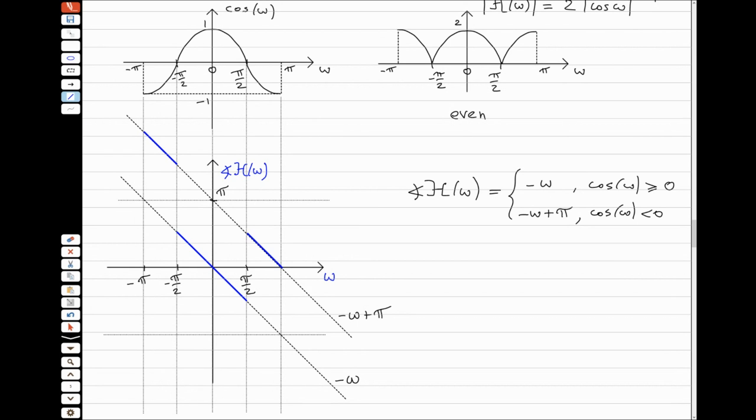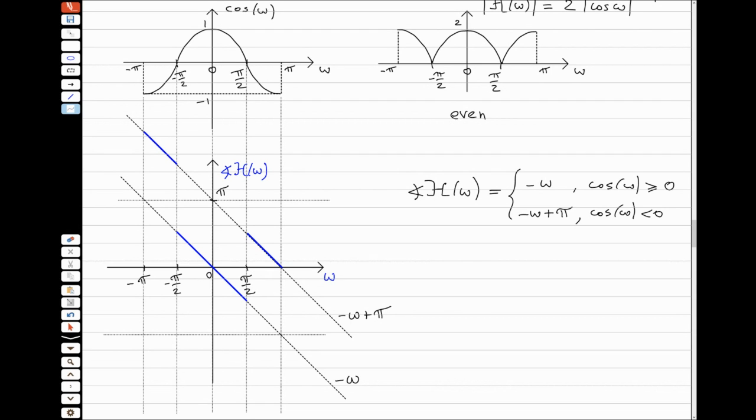Wait a minute. How do you see the odd property from the graph? What symmetry do you expect? Yes, about 0. Not vertical.